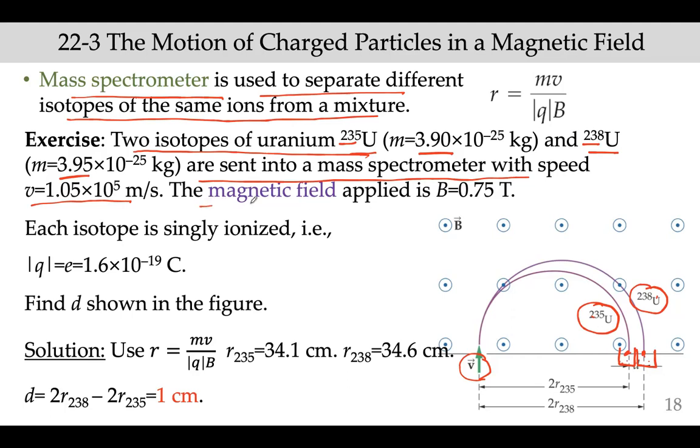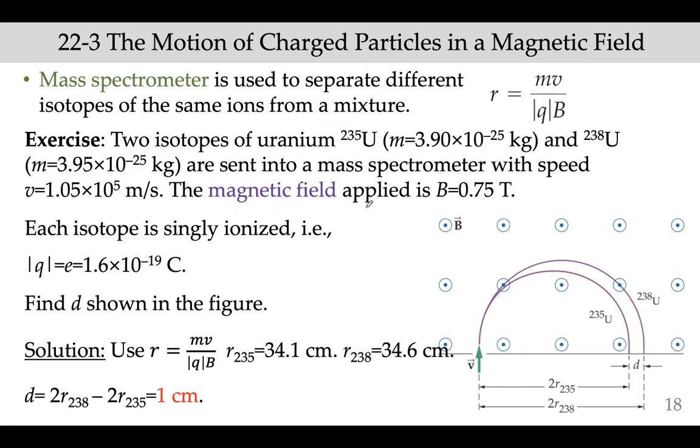Of course, you need a magnetic field so that their path is curved. The other thing you need here is this: normally any element has the same number of electrons as the number of protons, so they're normally neutral, not charged.